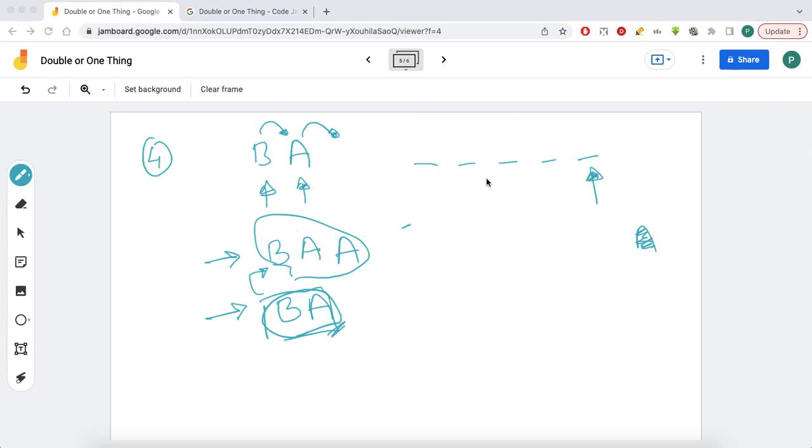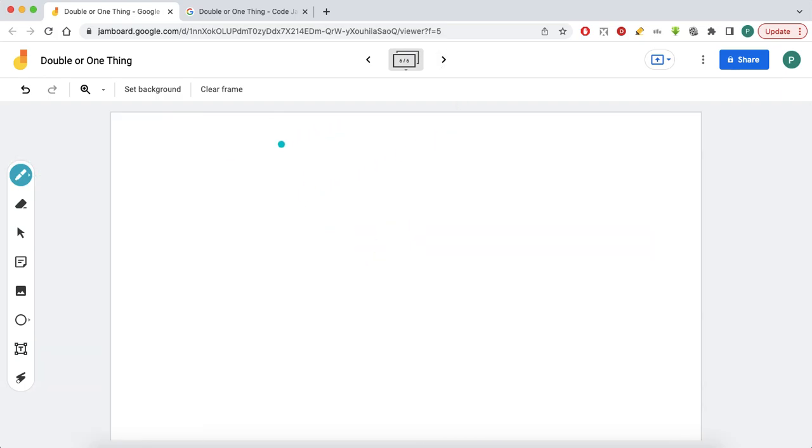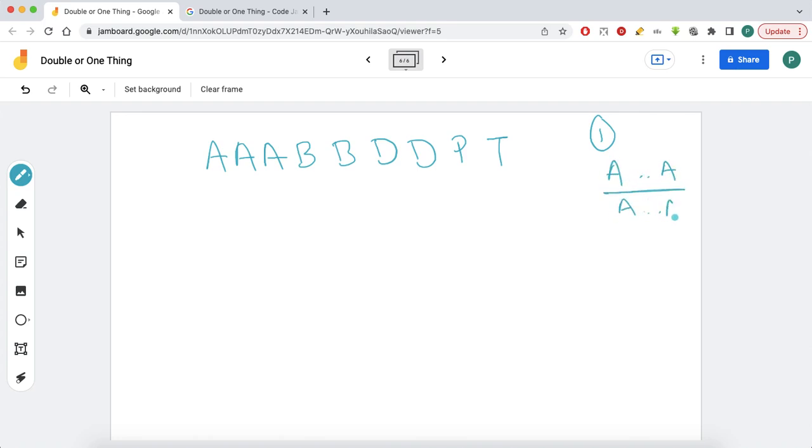Okay, so now let's take a bigger example so that we can apply our observations. Let's say the given string is AAA, WWD, PNT. First things first, our first observation said that if a string has only one character, then the answer for that string is that string itself.